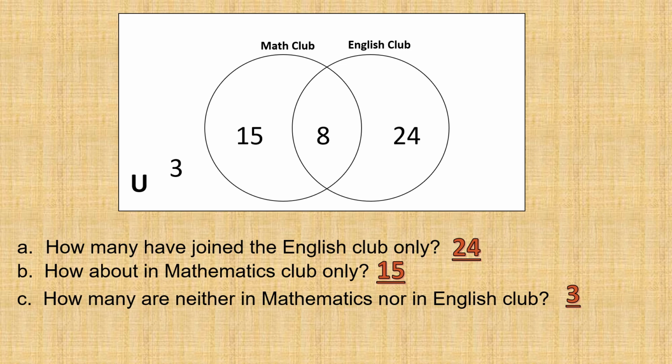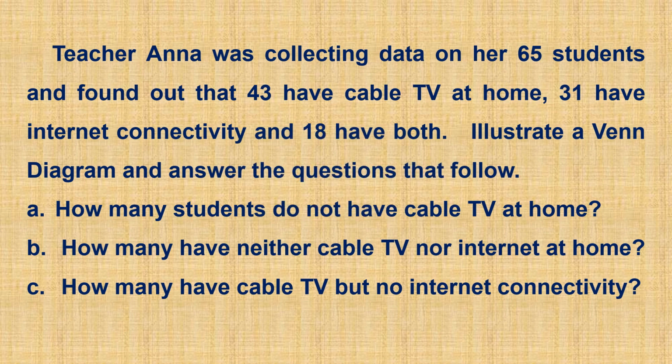Now, it is your turn to solve problems involving sets. Try to work on this problem. Teacher Anna was collecting data on her 65 students and found out that 43 have cable TV at home, 31 have internet connectivity, and 18 have both.